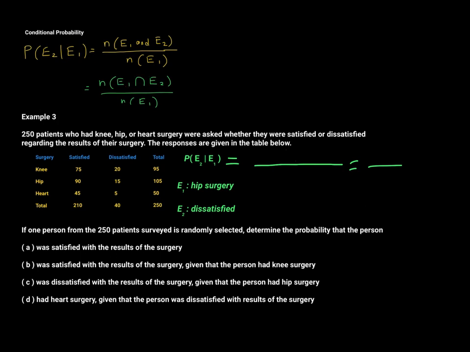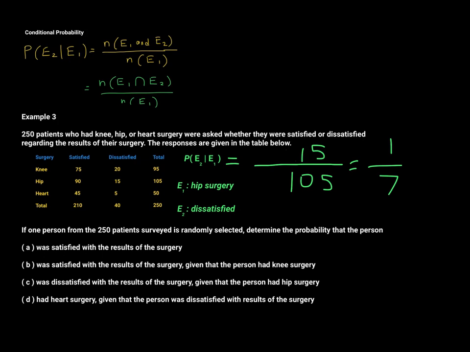Looking at this table, find the total number of patients that both had hip surgery and were dissatisfied: hip surgery, dissatisfied, 15. So that's 15 in the numerator, over the total number of people in this event. This E sub 1 event is the total number of people that had hip surgery, which is 105. This simplifies to 1/7. Isn't that great?